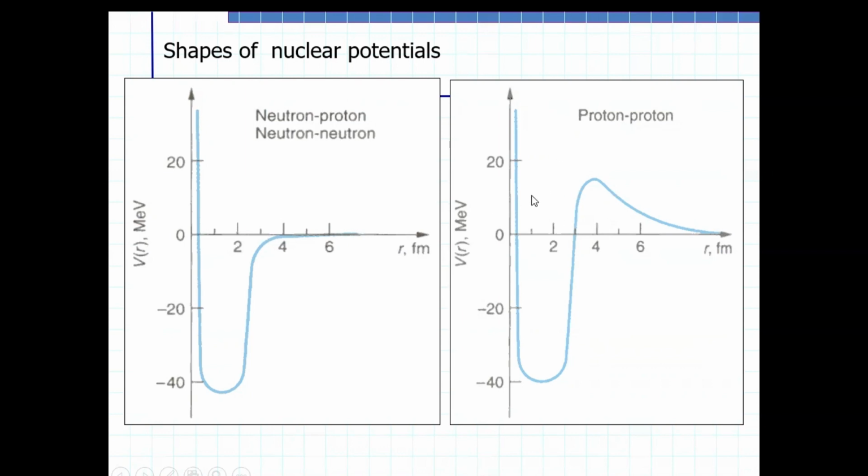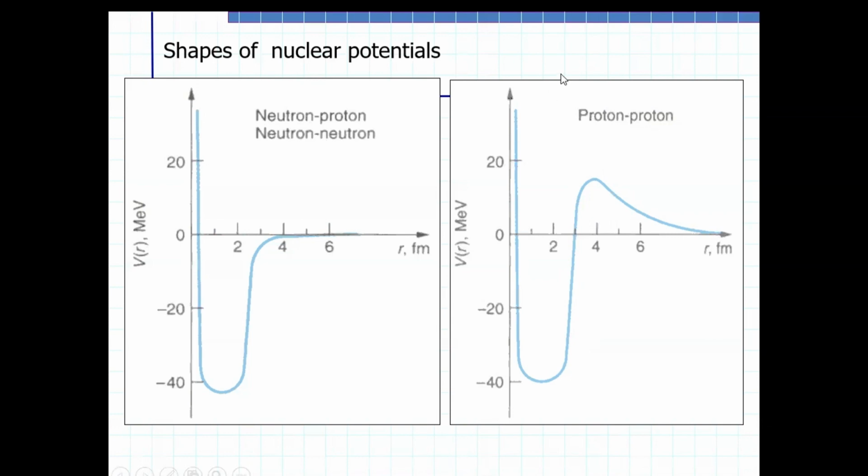Let's talk about the proton and proton. Here we see a repulsive force and then an attractive, negative force, but it becomes repulsive beyond this, because the proton and proton has another effect, which is the effect of the Coulomb repulsion.